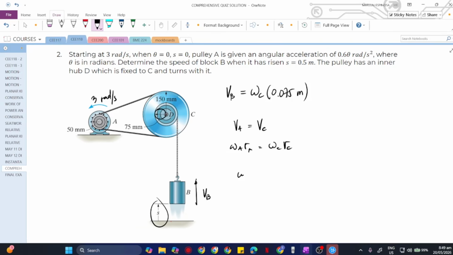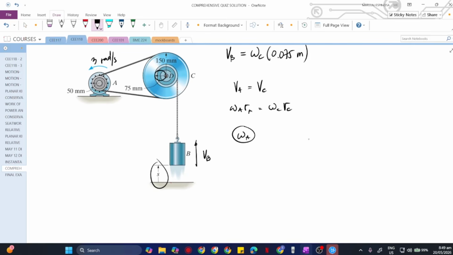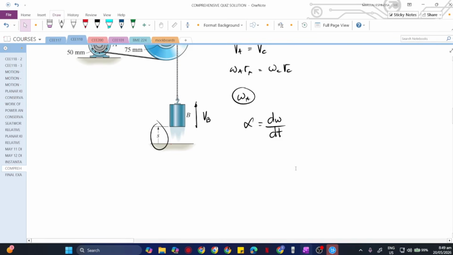Now, to solve for the angular velocity ng A final, gagamitin natin yung relationship: angular acceleration is equivalent to the first derivative of your angular velocity with respect to time. Meron din tayong angular velocity is equivalent to the first derivative of theta with respect to time.